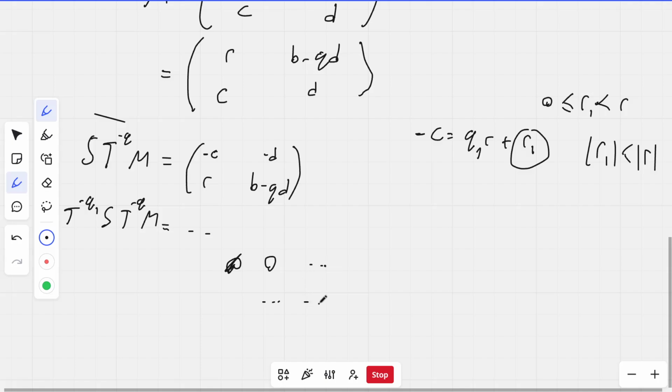Something's here, something's here, something's here. We're eventually going to have a top left entry of 0. And then what we can do is we can apply the matrix S, and it will swap the rows. And so this 0 will go into the bottom left corner.